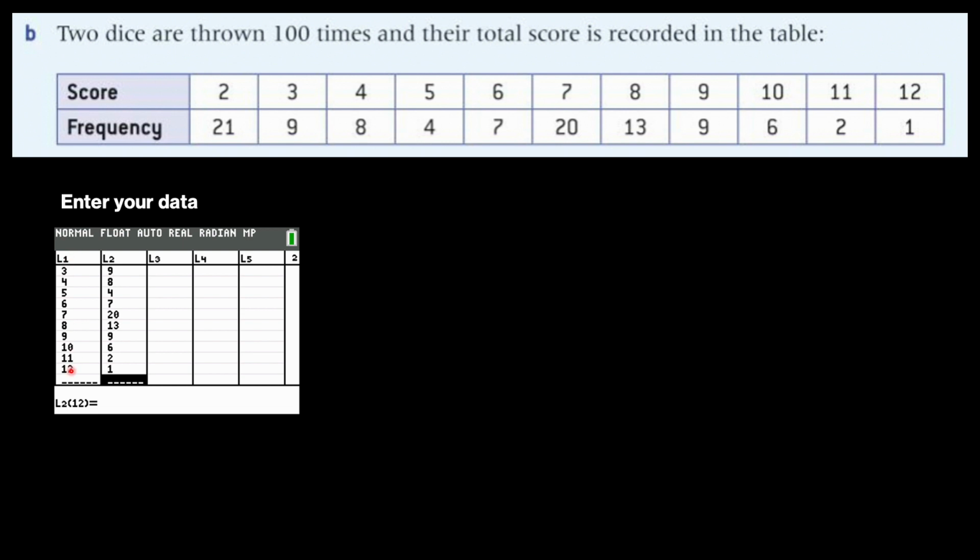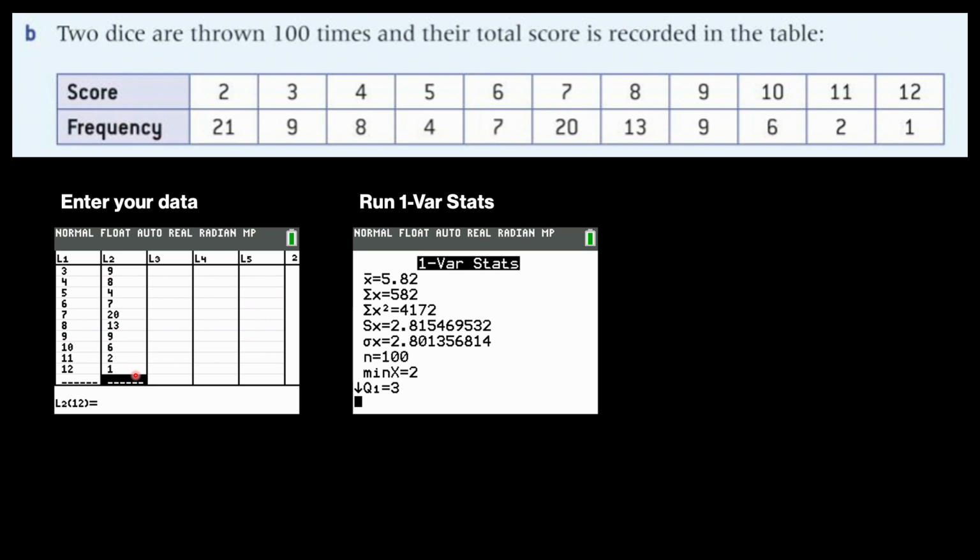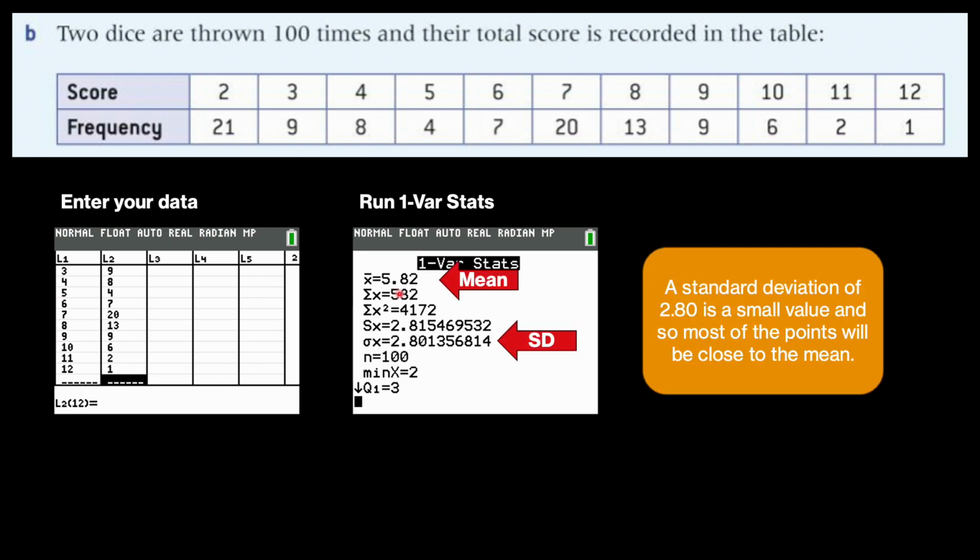Our first column reflects the number on the dice, or the total number, and then the second column is our frequency. So we're going to run our one variable statistics report, and we're going to find that our mean is 5.82, our standard deviation is 2.8.